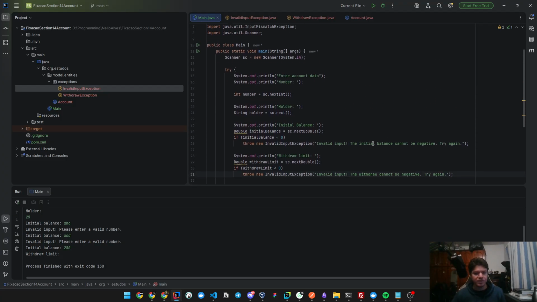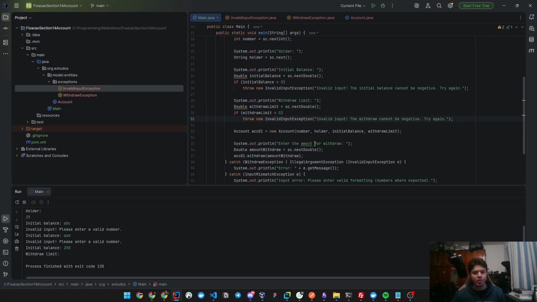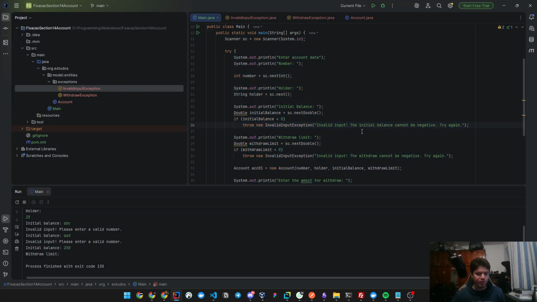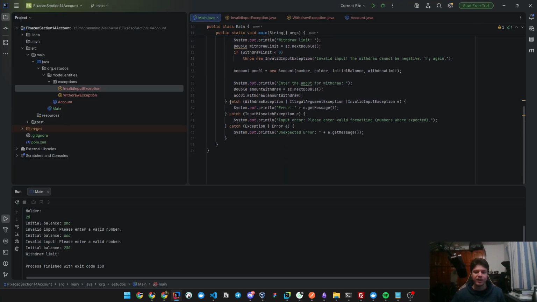Okay, the important thing is the flow of the program is here, and if anything goes wrong, the program catches it using one of these three catches. Why have three catches here?